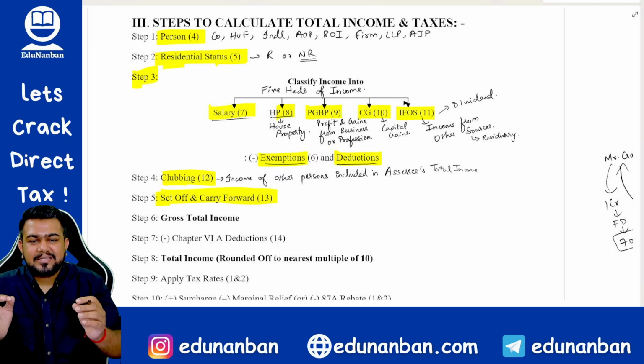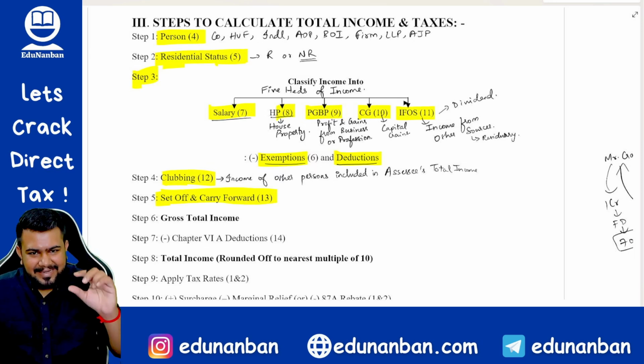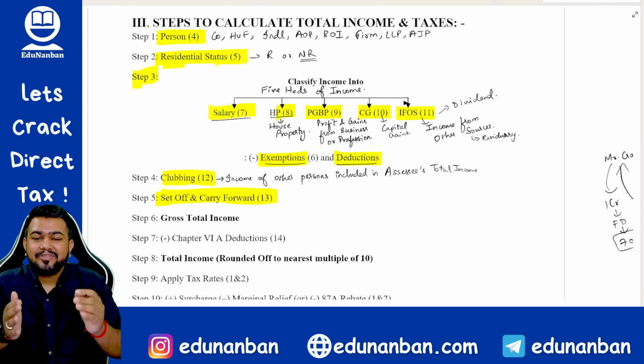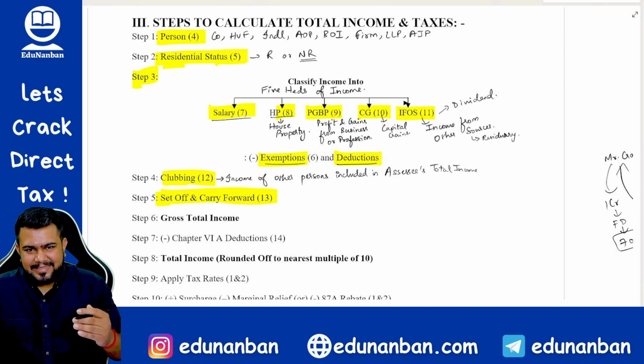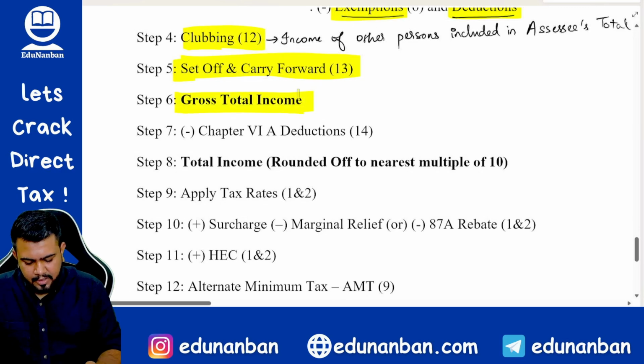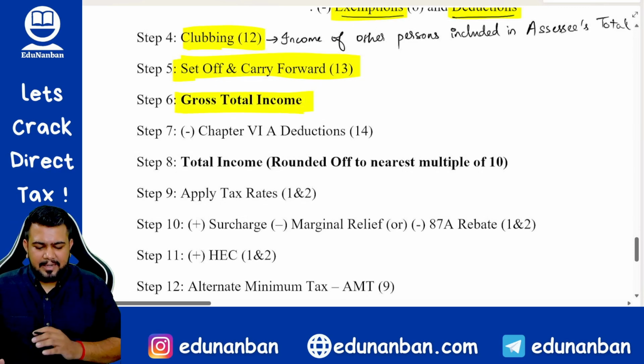Reduce those deductions, and after reducing them you will get the net income. To the net income, you should add other people's income which is taxable in your hands. Then if there is any loss, you have to set off or carry forward the losses. After doing all these adjustments, you will get gross total income.